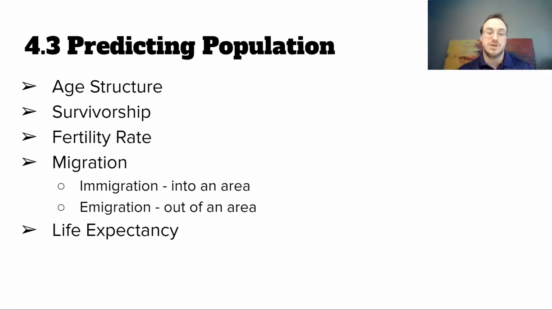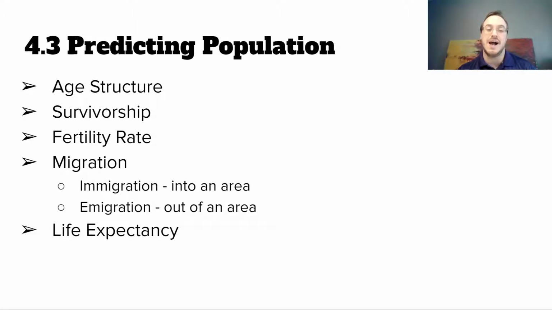Now, migration is the movement of a species, right? So we've got two words for human migration, and we kind of use these for other species as well, but we're talking humans here. Immigration is into an area, emigration is out of an area. Yes, those sound exactly the same. I am sorry for how terrible English is, but luckily we can write them down. So immigration with an I, think of like into or entrance.